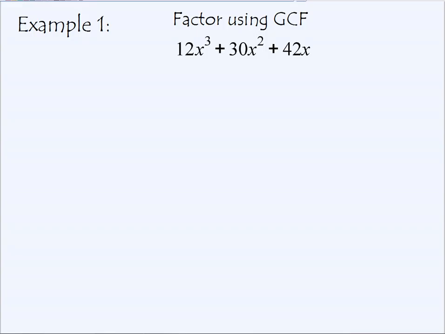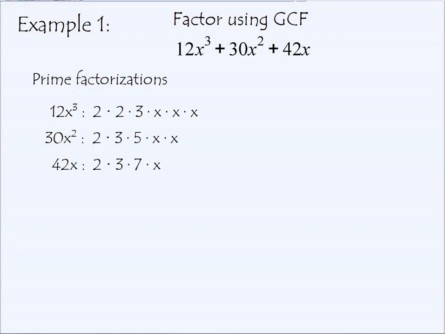So let's look at our first example. This expression has 3 terms. We're going to break down each term individually into its prime factorization. Eventually you'll get to the point where you don't have to do this process anymore. You'll just be able to see it off the top of your head. But for now, while we're learning it, we're going to break it down.